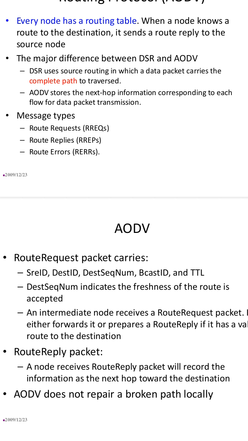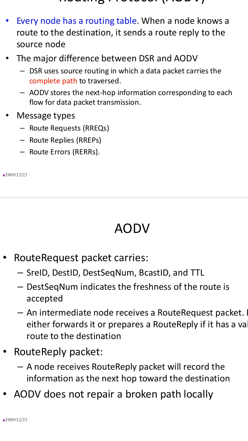The destination sequence number indicates the freshness of the route that is accepted. Once an intermediate node receives the route request packet, it records where the packet came from, so all this information is known to the intermediate node.